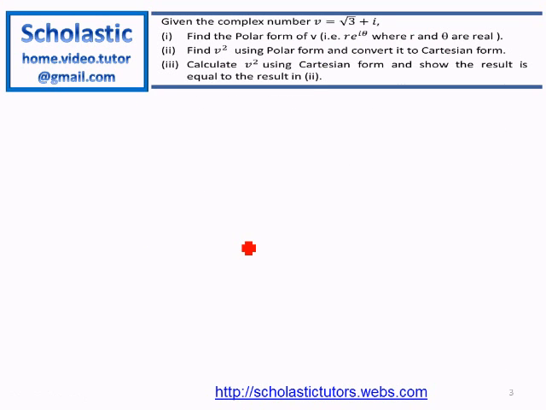Let's begin with part 1, in which we need to write the polar form of the Cartesian form given.